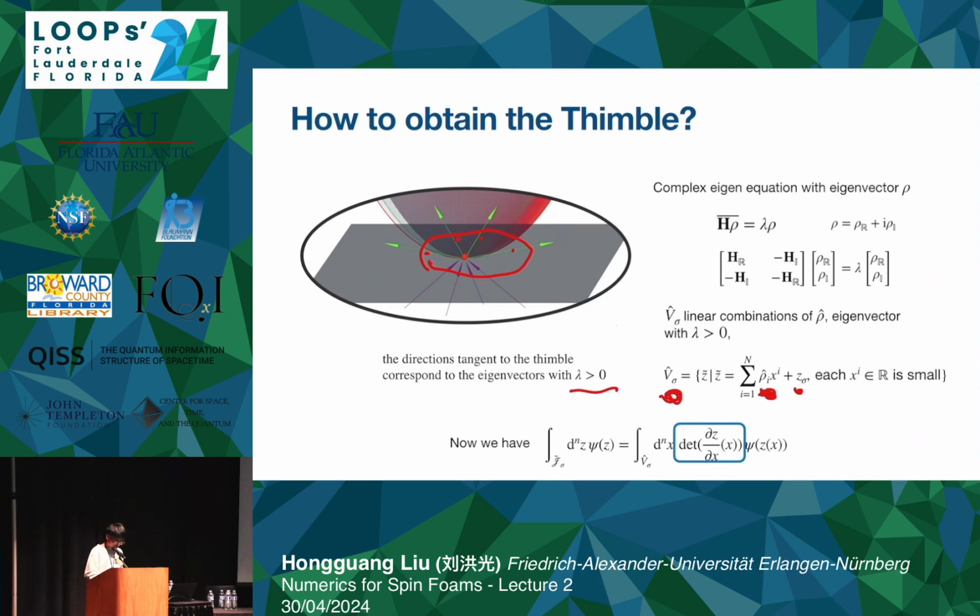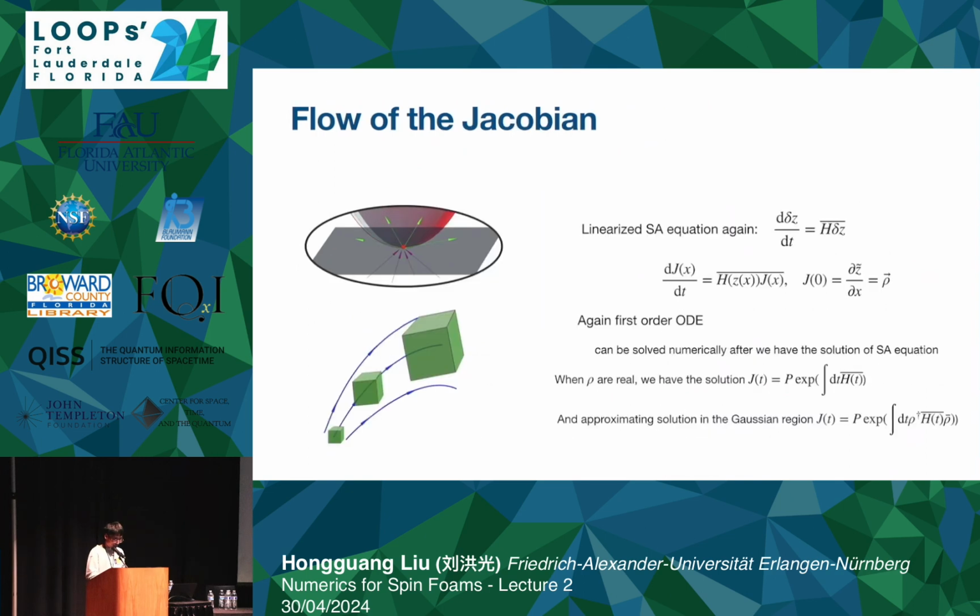And also we can write out the measure, which is the Jacobi matrix between the x defined here, which is linearized around the vector, and the original variable for the steepest ascent flow. But this is also a function of time, so this Jacobian also flows when we flow with time. So we have the flow equation also for the Jacobian, and that gives you all the ingredients you need to calculate the thimble.